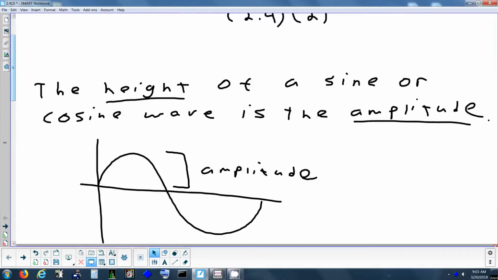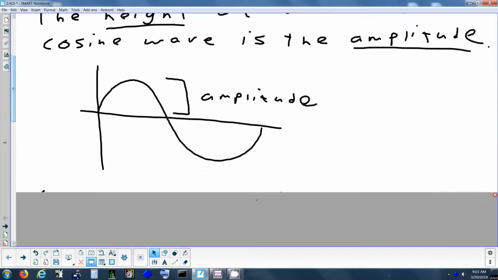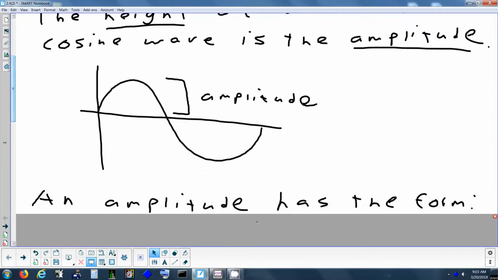It goes just as far above the line as it does below. That's why it's called the center line. It's right in the center. And that's the amplitude. So that's the first type of transformation we're going to look at, an amplitude change.